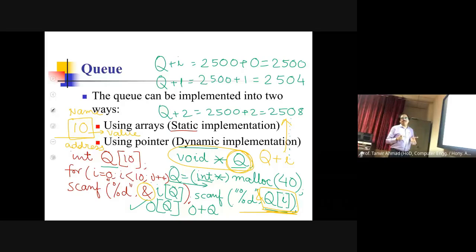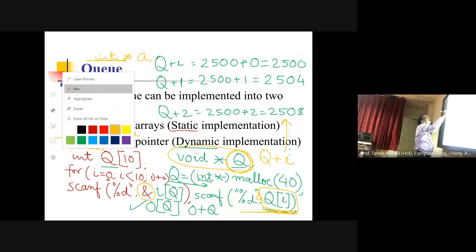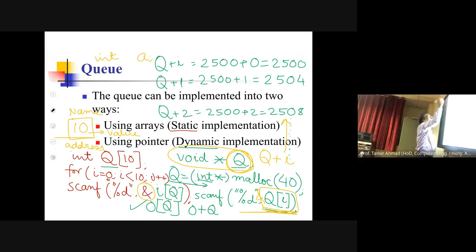Whenever you are going to declare a variable, you simply write integer star a.